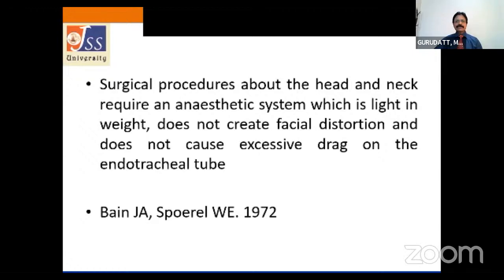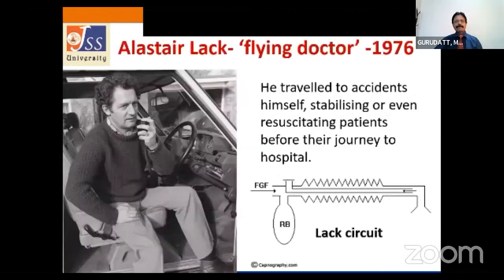Another coaxial circuit was introduced by Alistair Lack. We know that the Bain circuit is a modification of Mapleson D, whereas the Lack circuit is a modification of Mapleson A. Alistair Lack was nicknamed the Flying Doctor. He introduced this Lack circuit in 1976. He used to work for the anesthesia department and emergency department.